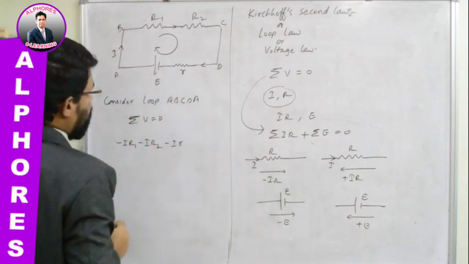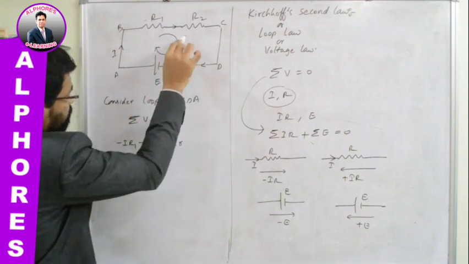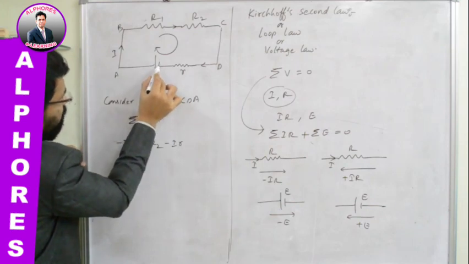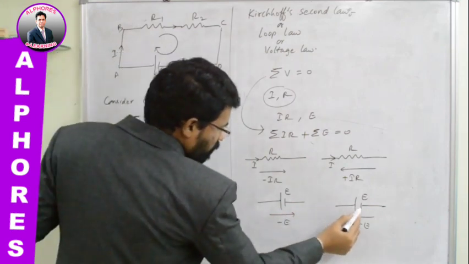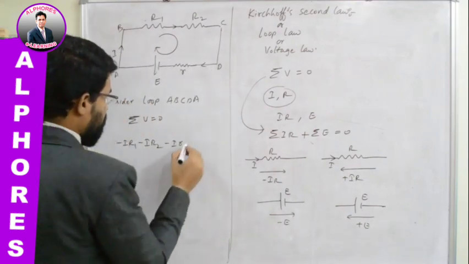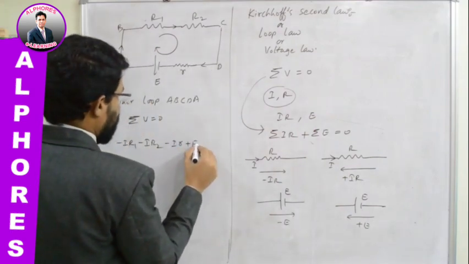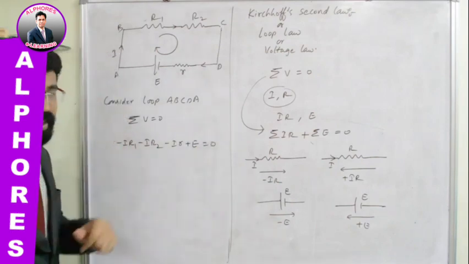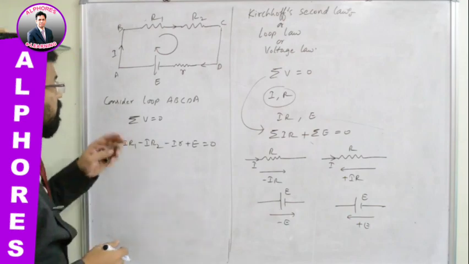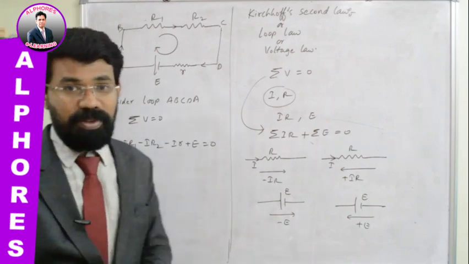And coming to this cell, I am traveling from the negative terminal to the positive terminal, or low potential to high potential. Low potential to high potential, the EMF should be taken as plus E. So here it is plus E equal to 0. That's how you have to apply Kirchhoff's second law to the loops.